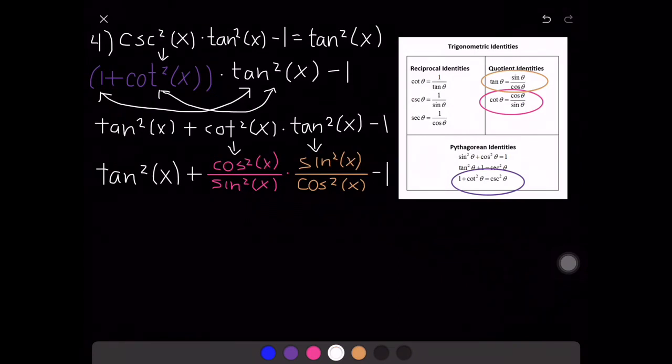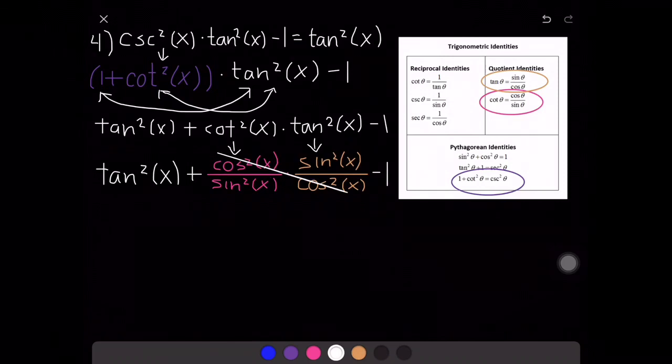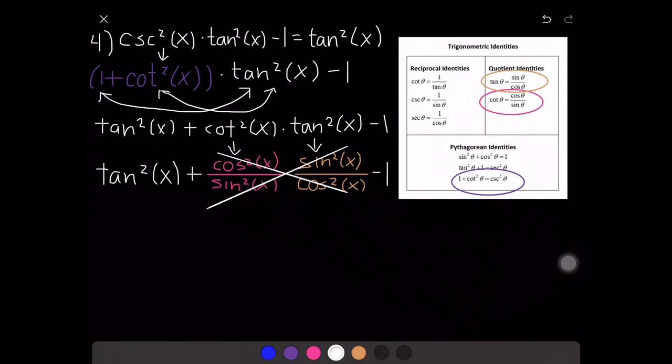So what we can do here is cancel the squared cosines of x and cancel the squared sines of x, which will equal 1, which we're going to write right here.